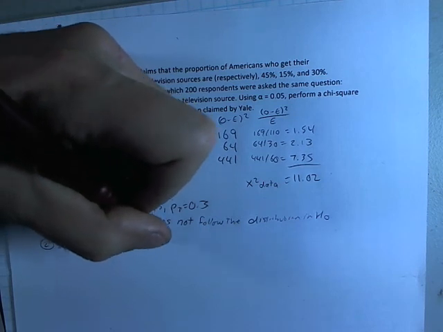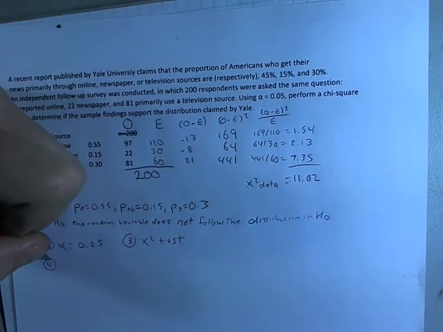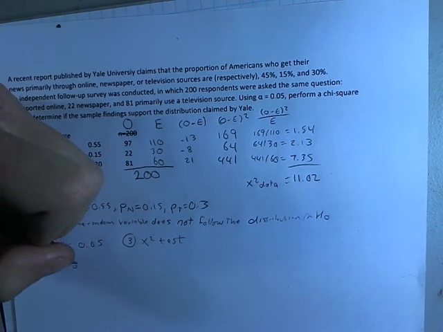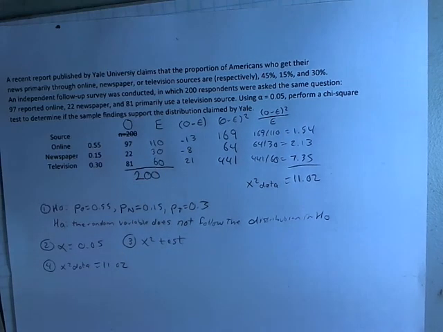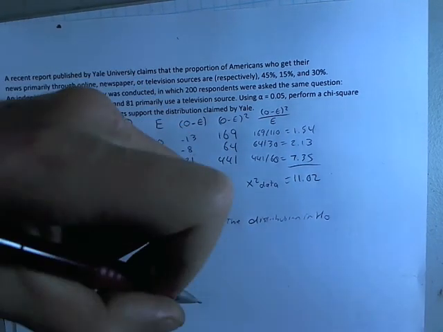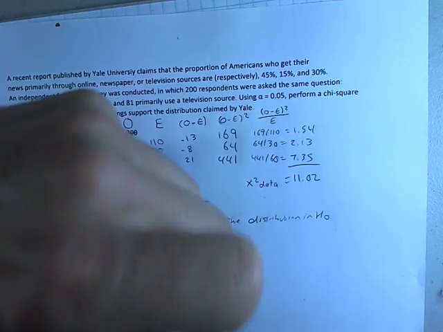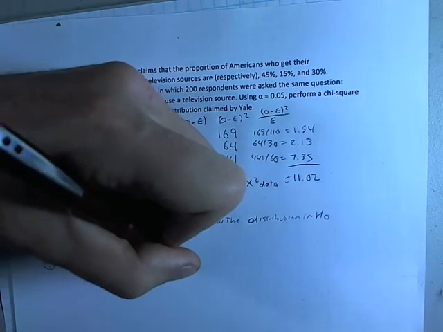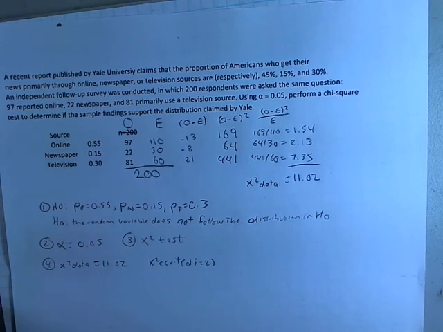We're performing a chi-square test here. And step number 4, we already have our data value figured out from above. We know that's 11.02, and let's come up with the corresponding critical value. For the goodness of fit test, we need to go to our chi-square table to get that critical value.